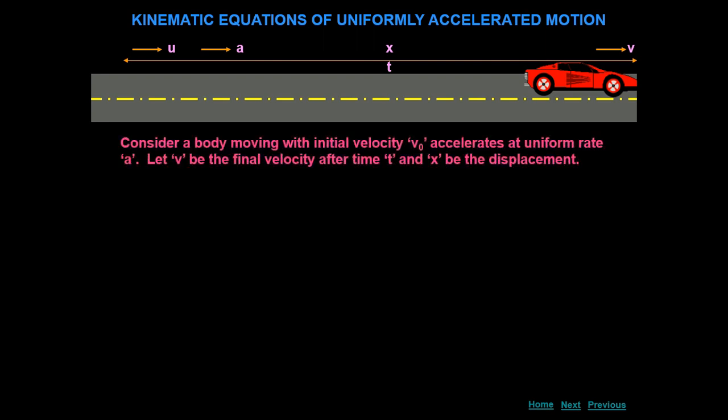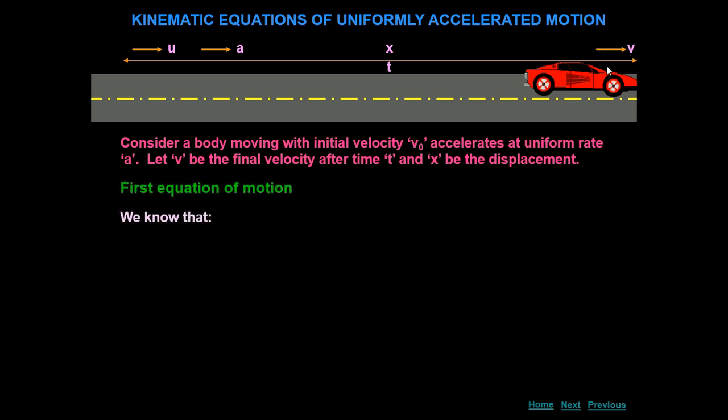So here the body is moving with initial velocity u at a uniform rate a, v is the final velocity after time t, and x is its displacement. So we have considered all these notations. For uniform acceleration we already studied this type of example. The initial velocity is u and the final velocity is v.